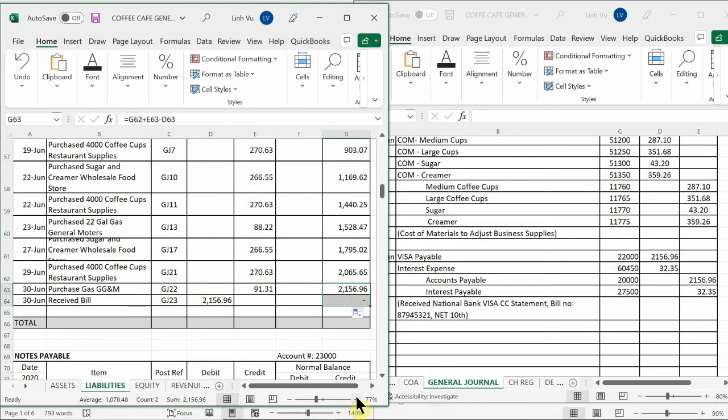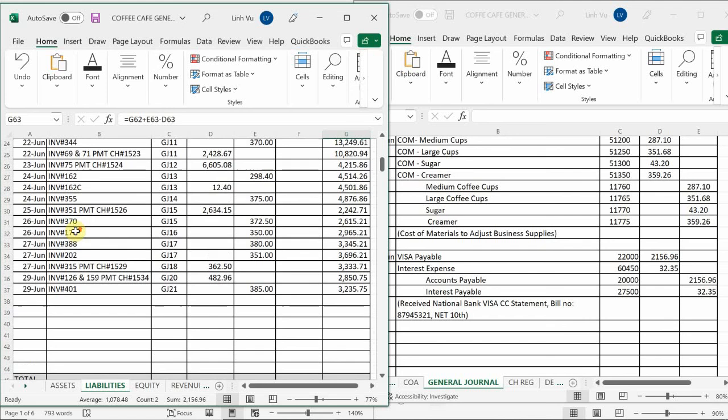Because you're going to pay this credit card off for the $2,156, right? Right. And what I'm going to do here is transfer that amount up to my accounts payable here, so that I know I owe money to a bill, right?